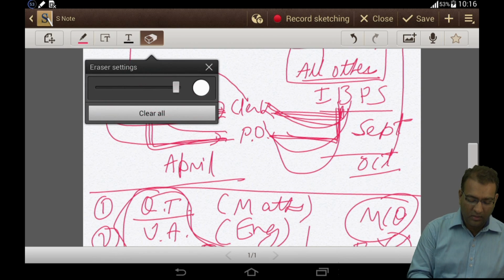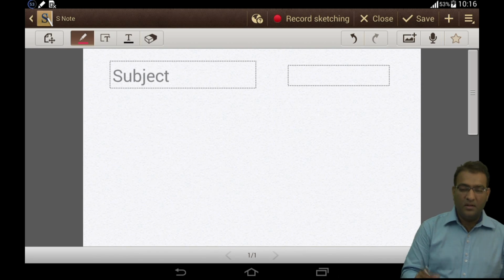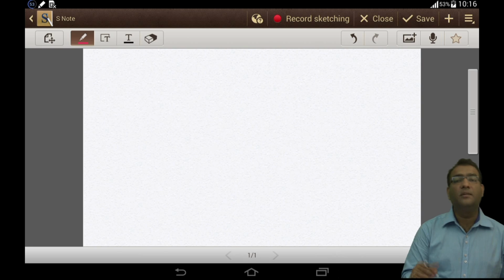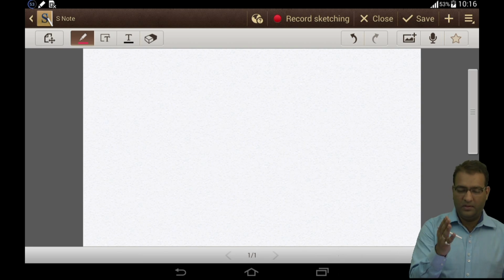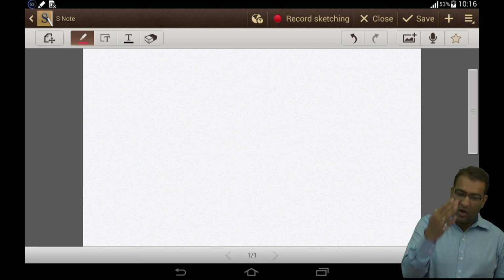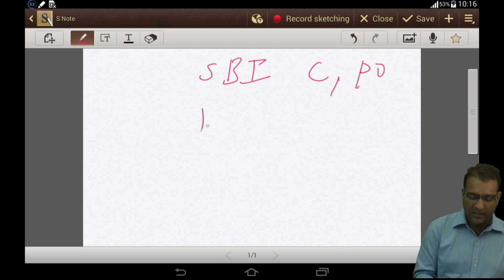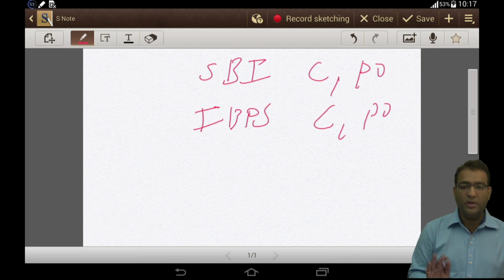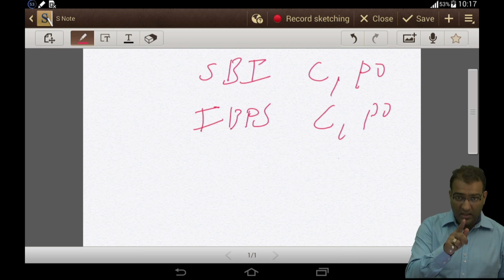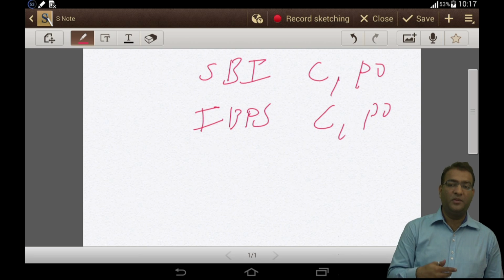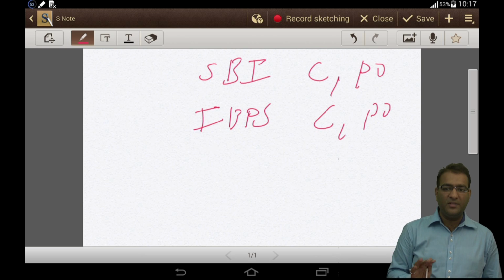Now let's talk about one more thing here. I've already told you about clerk and PO and other things. Now for all of them, whether it is SBI clerk, PO or IBPS clerk, PO, for each exam there will be two exams now. Earlier it used to be only one exam and directly GDPI.